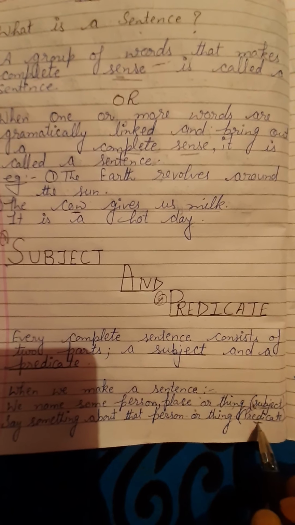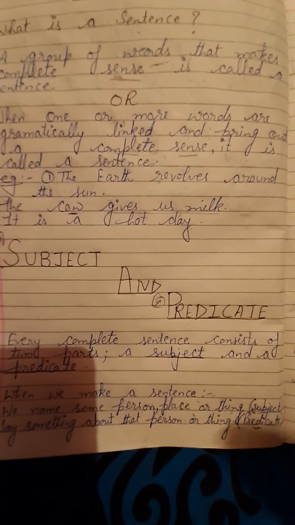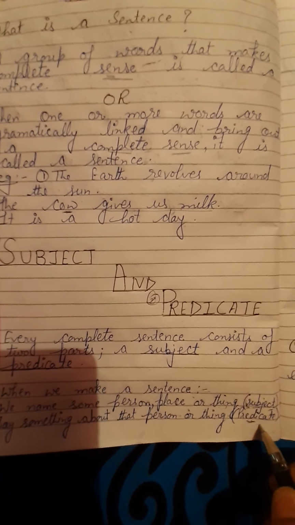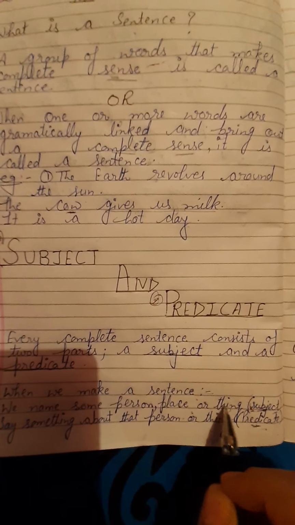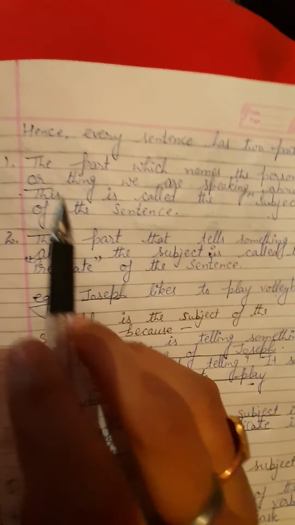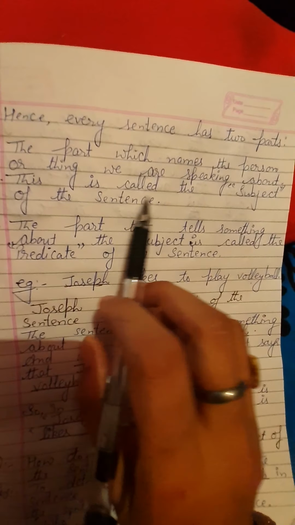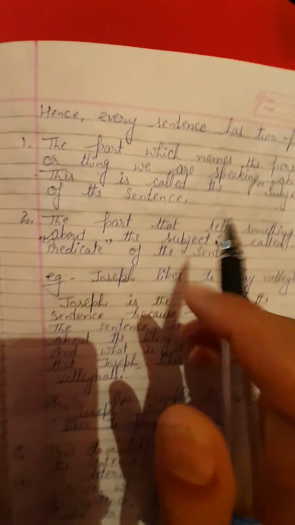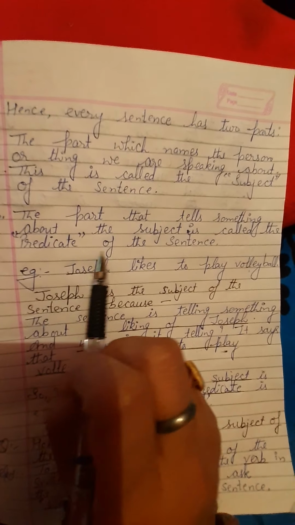The part of the sentence that is telling something about the subject is called predicate. And subject क्या है? Noun, name of a person, place or thing. So, hence every sentence has two parts. The part which names the person or thing we are speaking about is called the subject of the sentence. The part that tells something about the subject is called the predicate of the sentence.